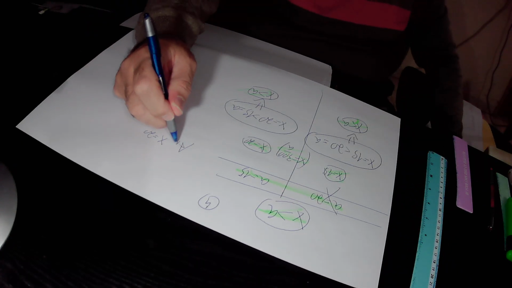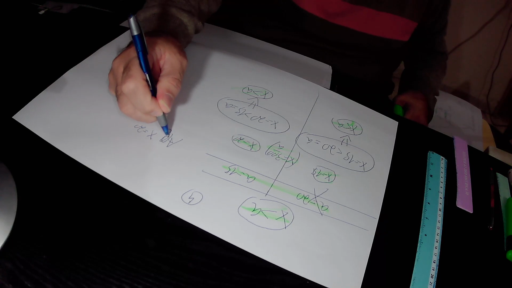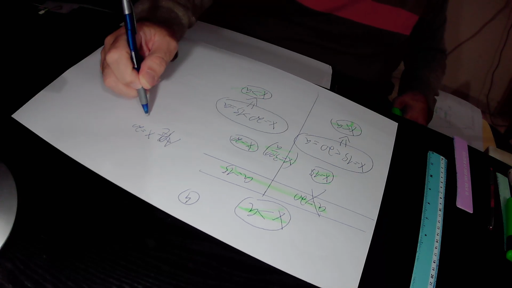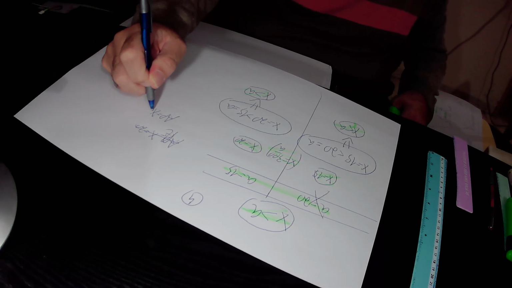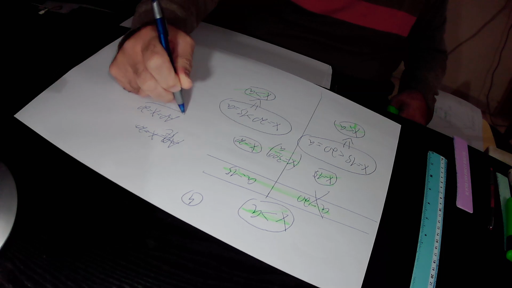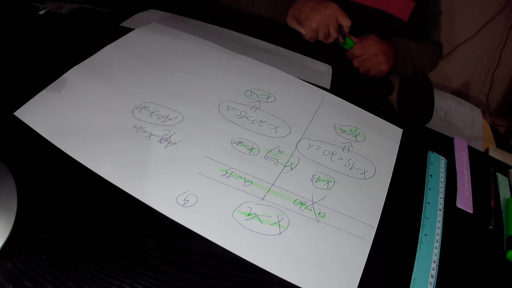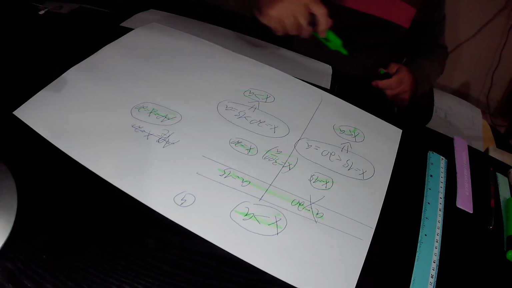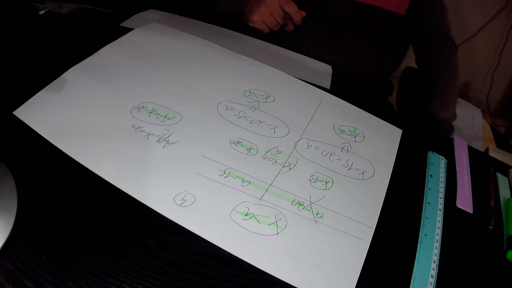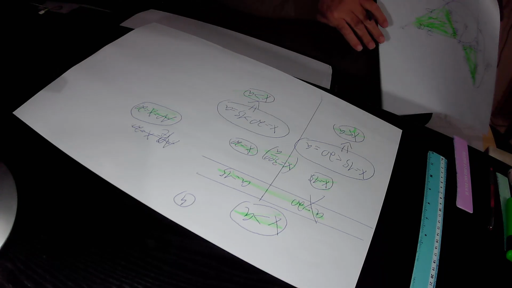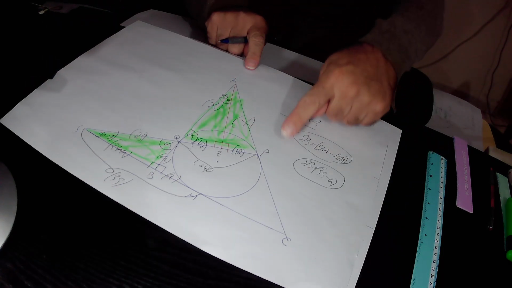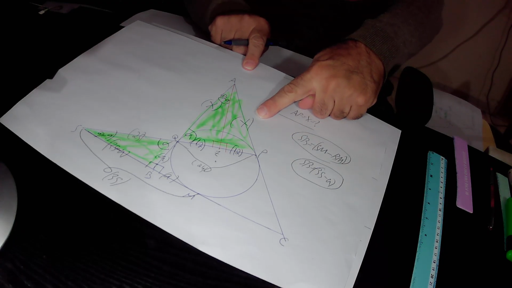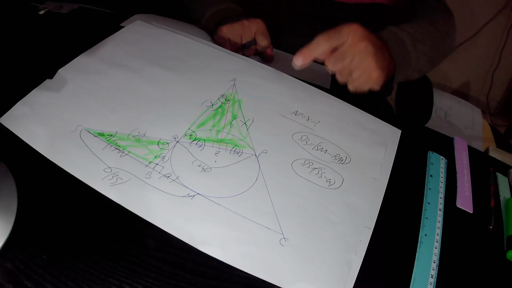AP equals X equals 20 units in its length.